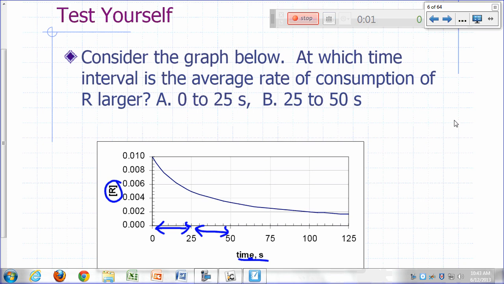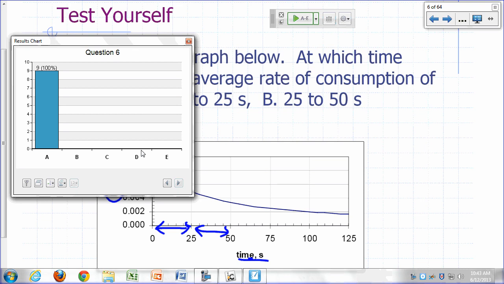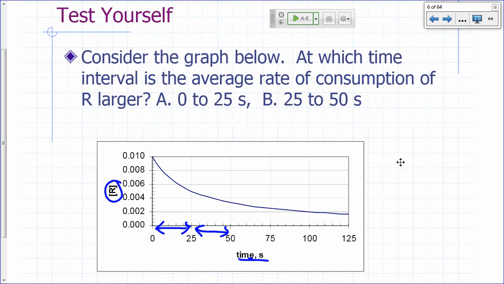Ready? Okay. 0 to 25. Okay. So what you notice typically is that in general, the rate of a reaction slows down as it progresses.